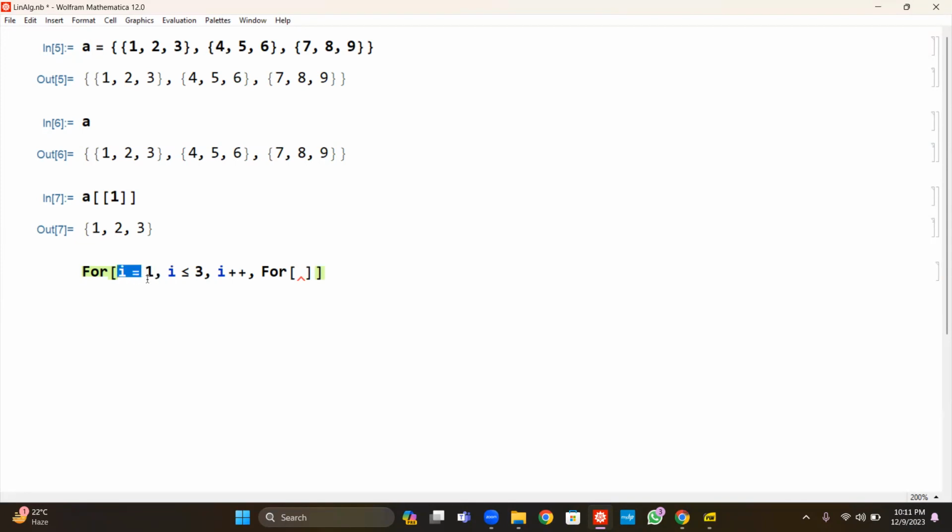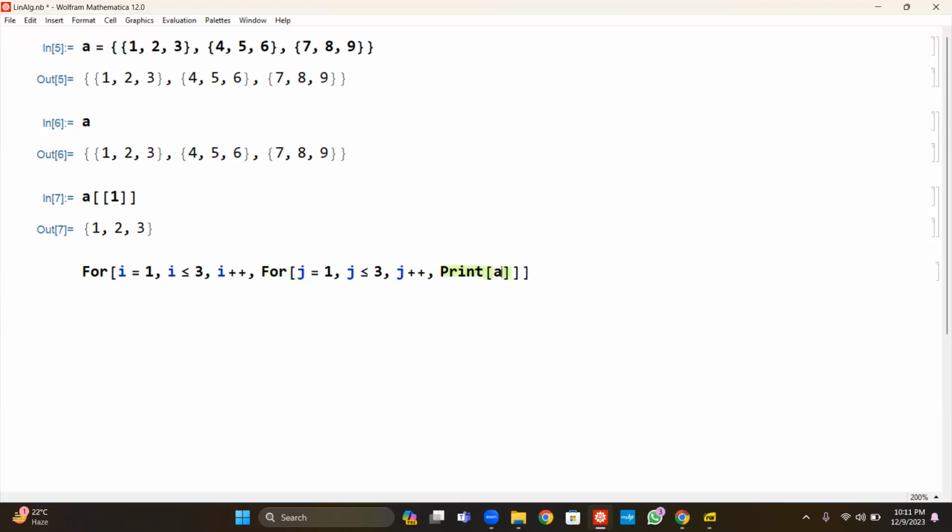The first argument is the initialization. The second one is the condition. The third one is the increment, and the fourth one is a statement. You can write multiple statements within the second bracket. I'm writing another For, a nested For: j equals 1, j less than or equal to 3, j plus plus, and here let's write the statement, Print.